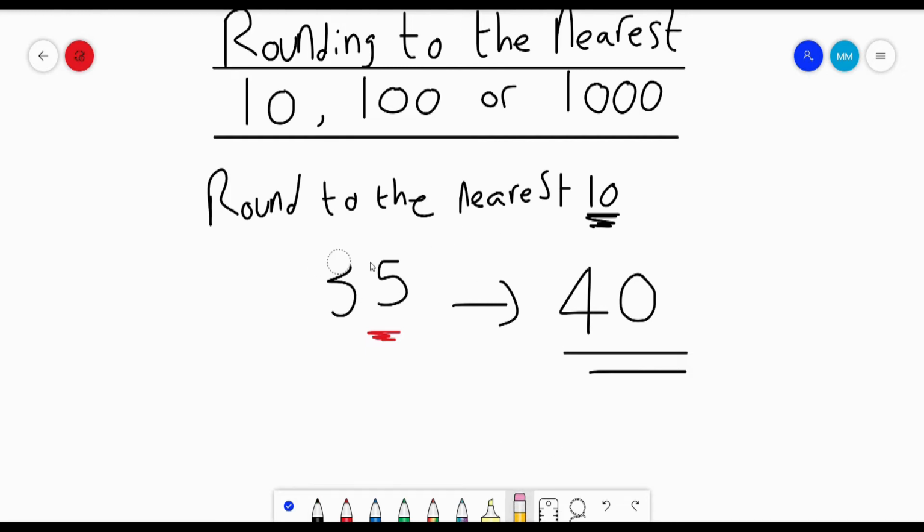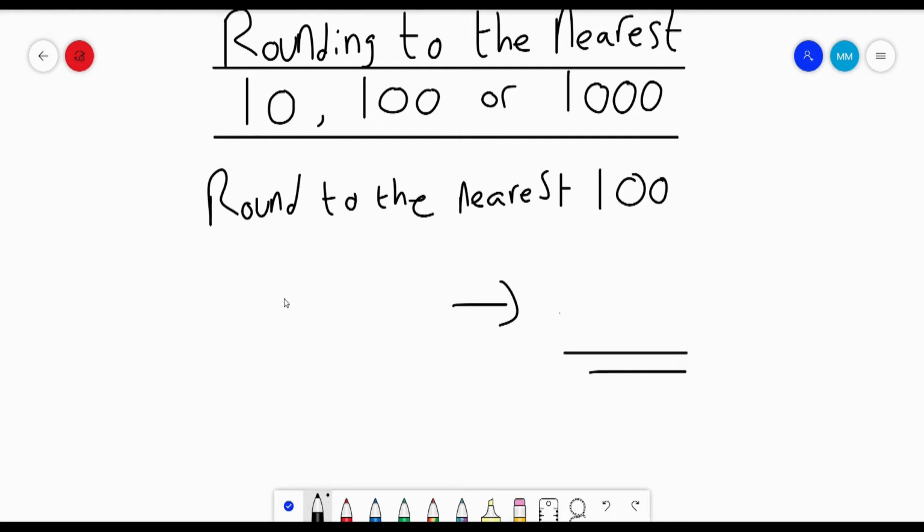So let's now change this and say, okay, round to the nearest 100, and let's go with the classic 123. Round to the nearest 100. So which number's in the hundreds column? Well, it's that one here. Let's look one to the right. So that's the 2.